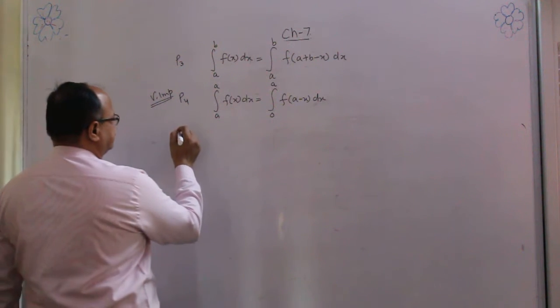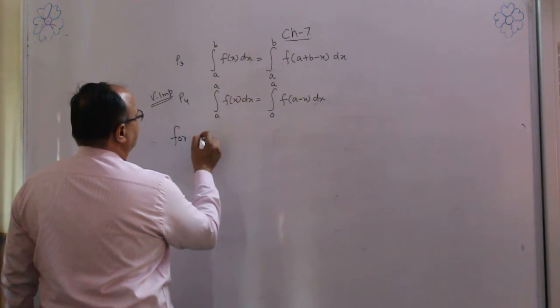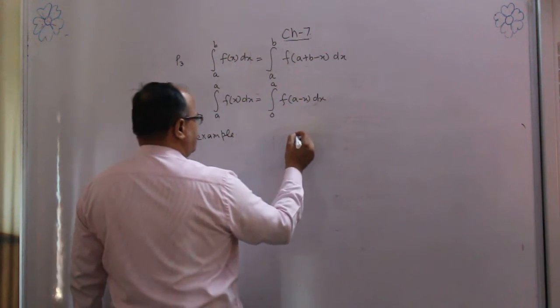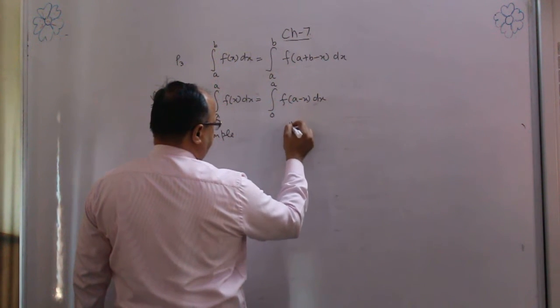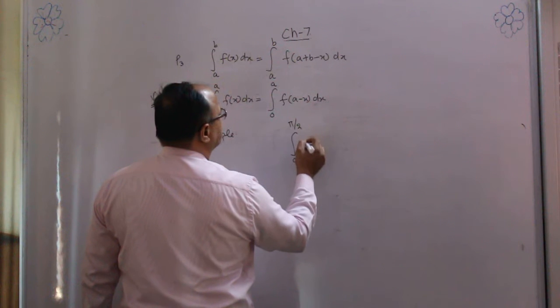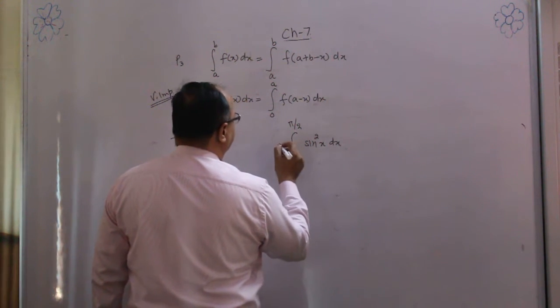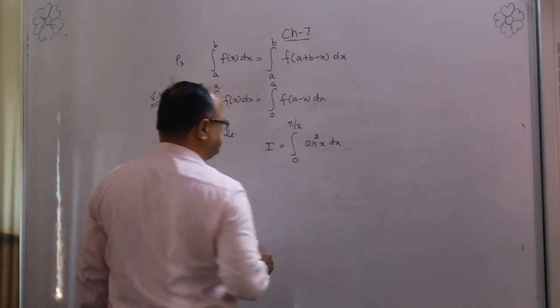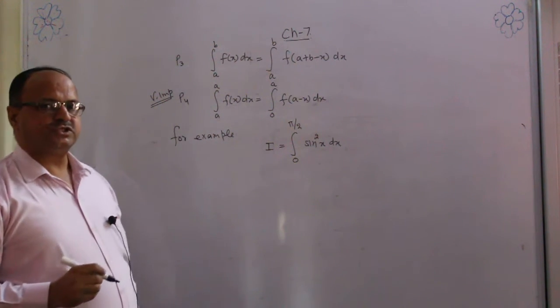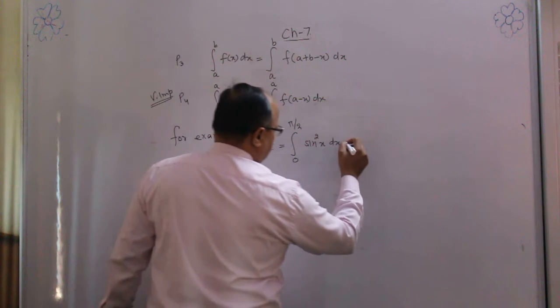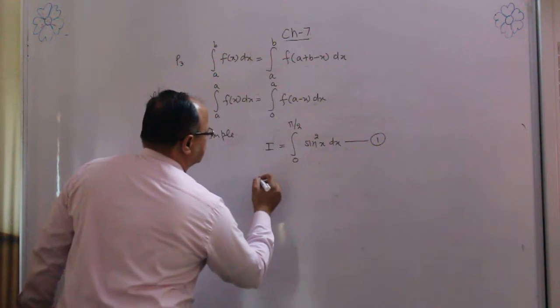With the help of this property you can solve many questions. For example, now we take one question: integration 0 to pi by 2 of sine square x dx. Solve this question using the properties of definite integral. Apply P4 in this question.